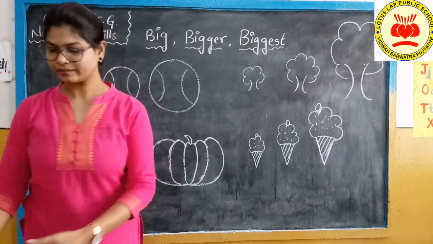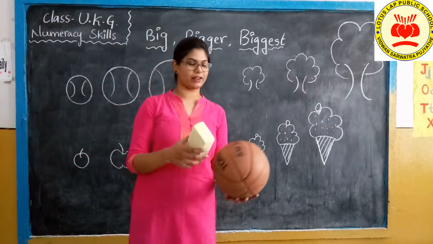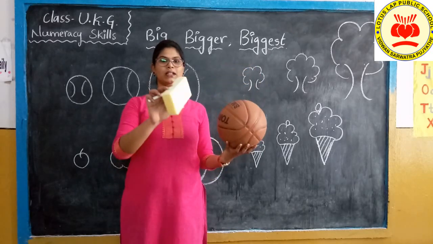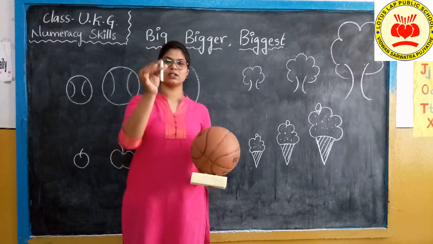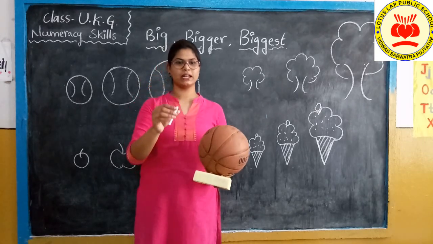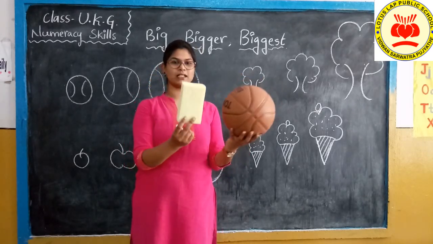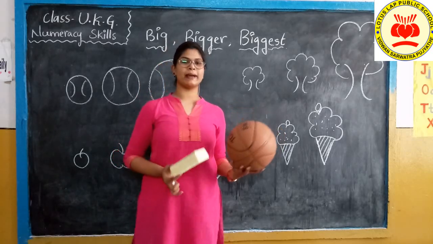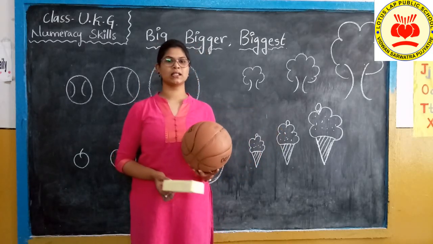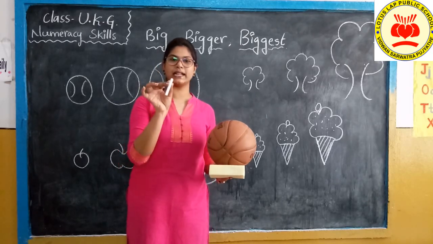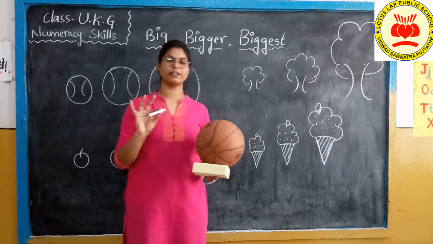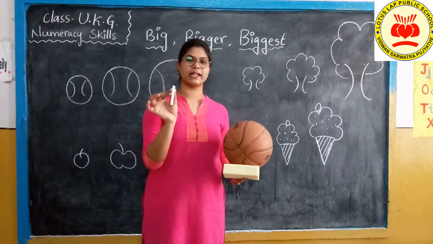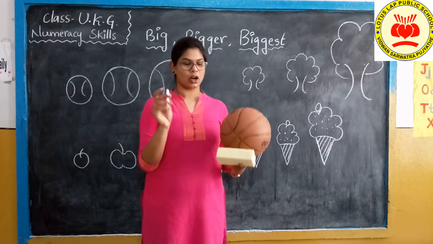See here. For example, I have taken three objects here. One is ball, duster and chalk. Right? Ball, duster, chalk. I want to compare. Big means the first object I am considering as big.